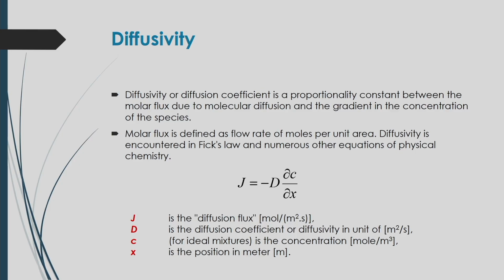This is a proportionality constant between the molar flux due to molar diffusion and the gradient in the concentration of the species.